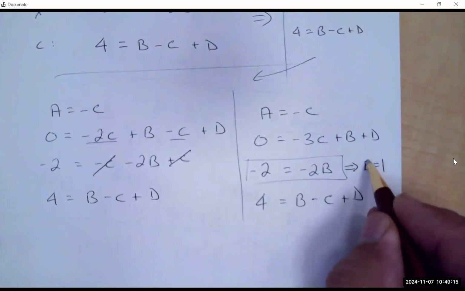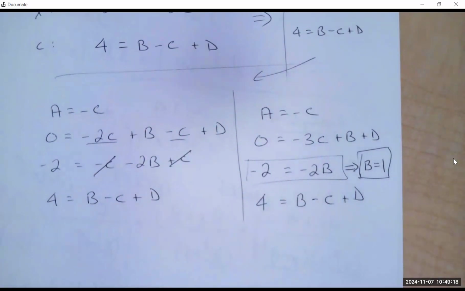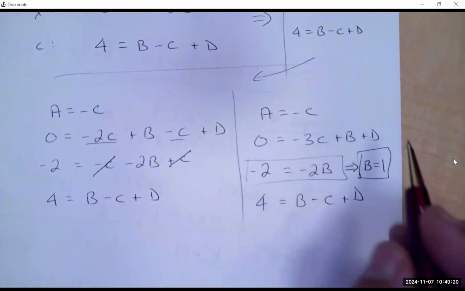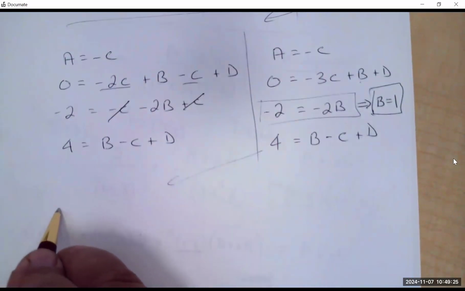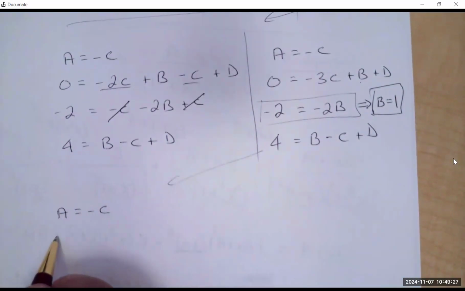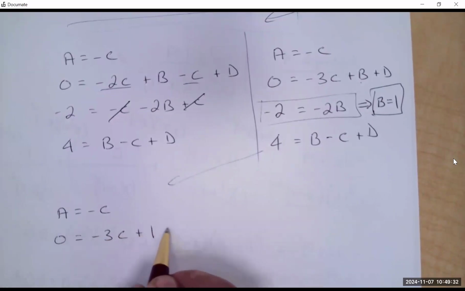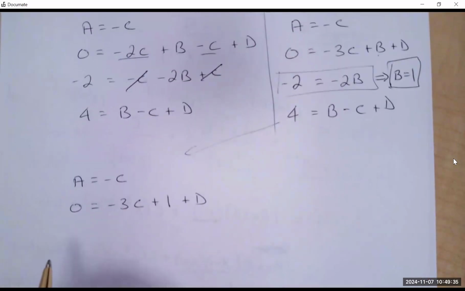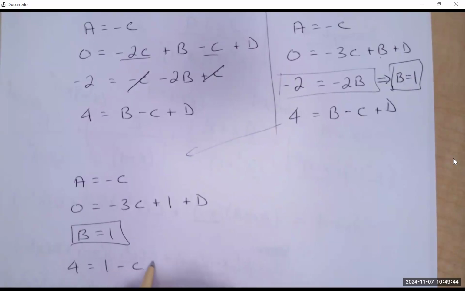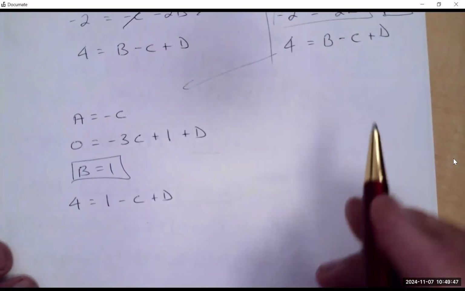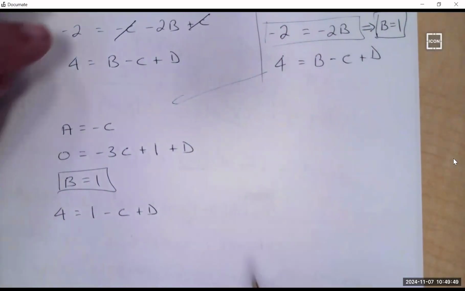So anywhere we see a B, we know that B is equal to 1. We got A is equal to negative C. 0 equals negative 3C plus 1 plus D. B is equal to 1. 1 minus C plus D. I just simplified what I could there.